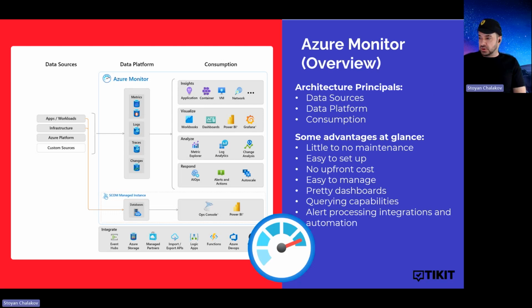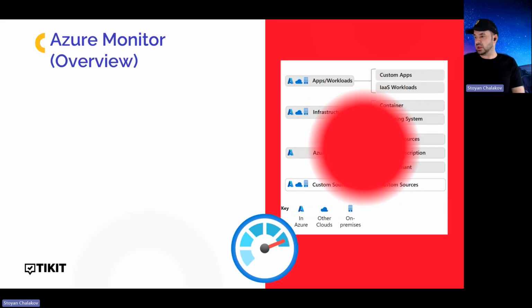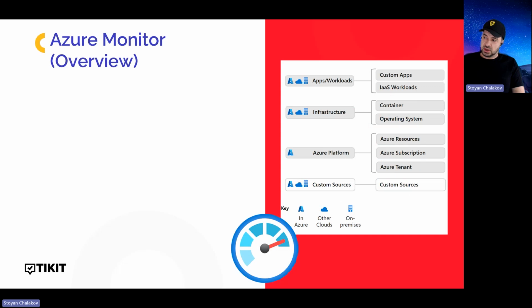Going further with the Azure Monitor overview, let's see what kind of data we are actually gathering there. Like we already mentioned, you can gather data from your applications or custom workloads. You can gather data from your infrastructure systems, no matter operating systems or containers.